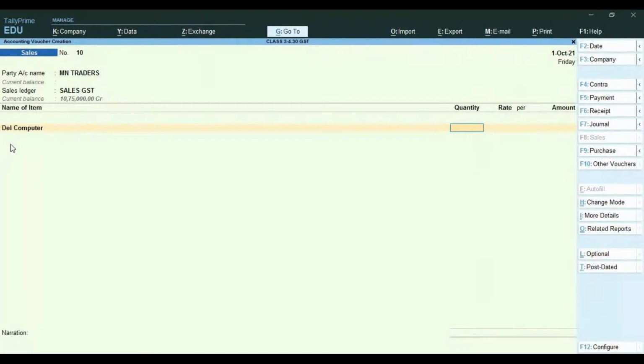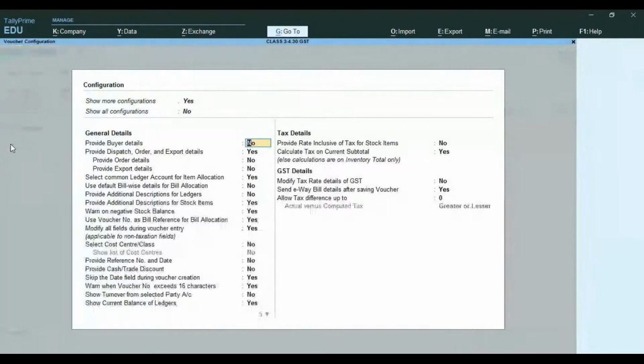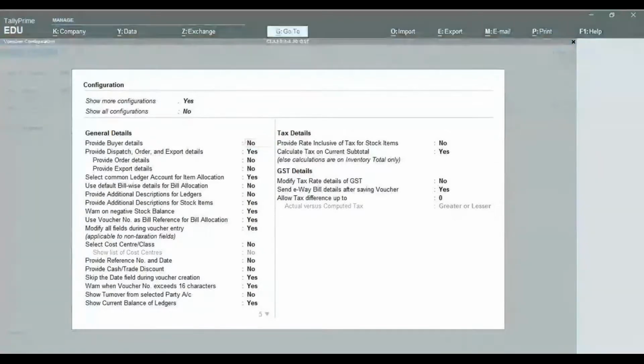What is the shortcut key for configurations? F12. F11. F12. Who was the first one to answer? Satakshi, ma'am. Yeah, okay, good.